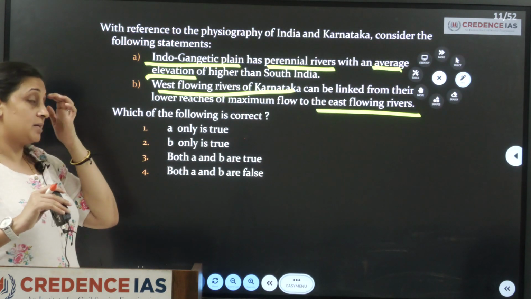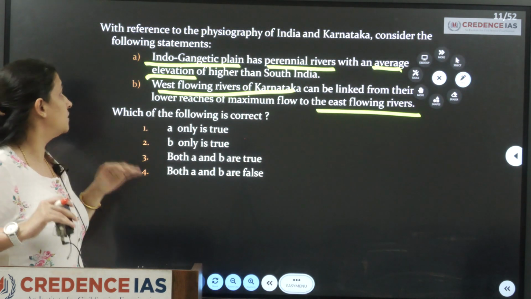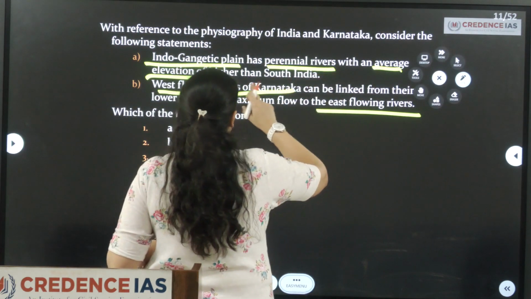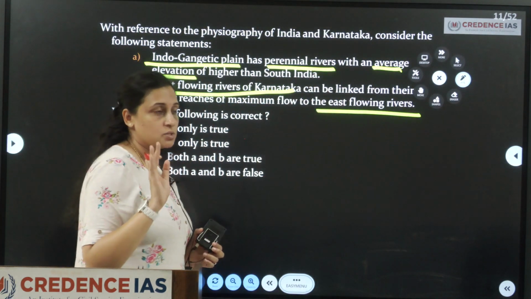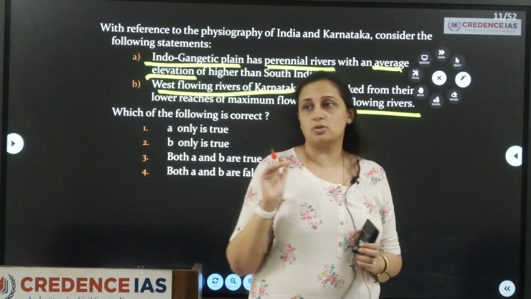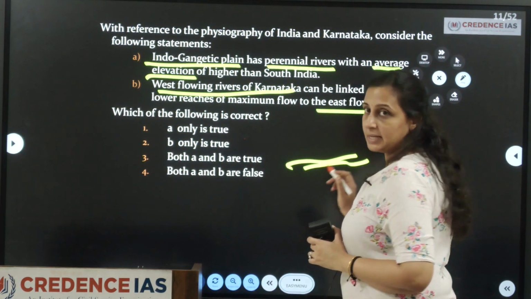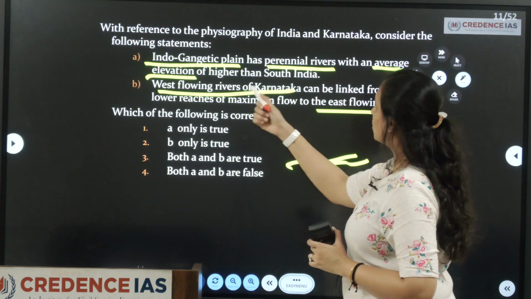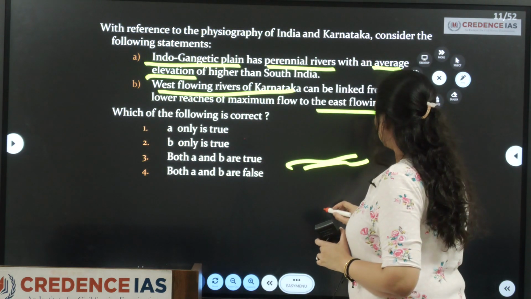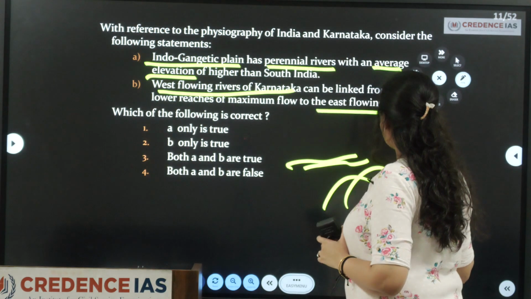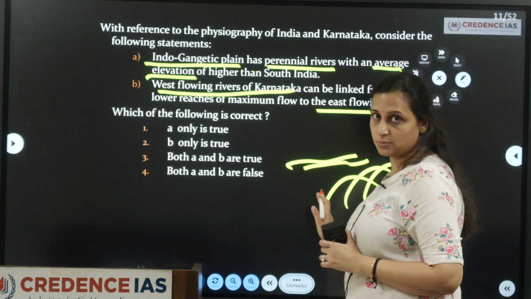So Indo-Gangetic plain rivers are perennial, fine, but with an average elevation higher than South India, this is doubtful, because the Indo-Gangetic plain is a leveled plain, whereas the maximum of the South Indian rivers have their origin in the Deccan Plateau.